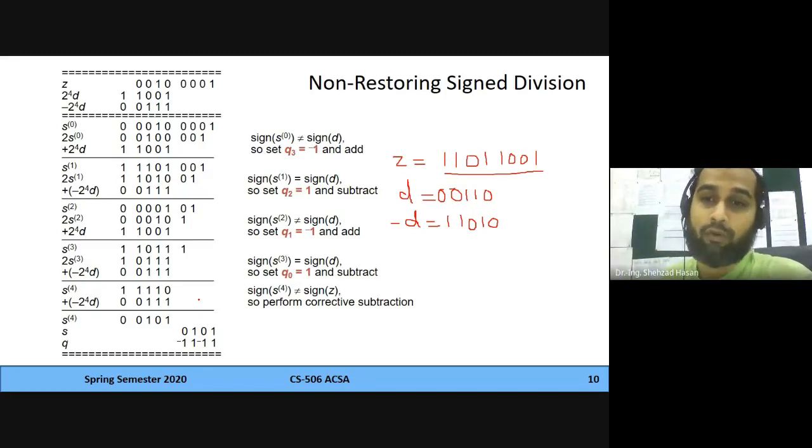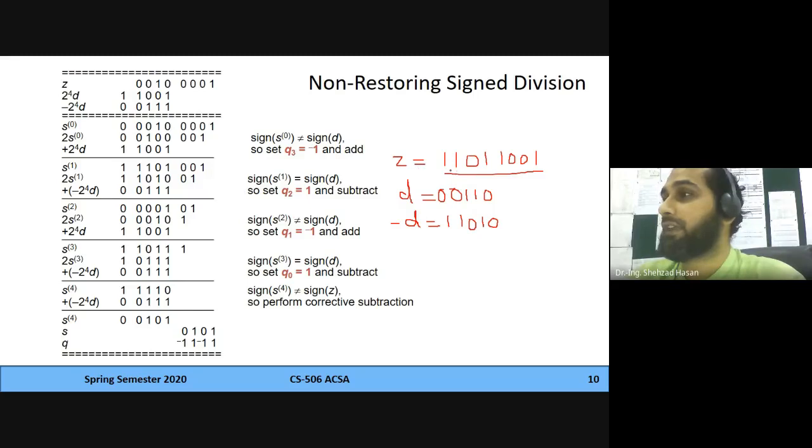Okay, so I'm going to go to that correction slide, and then we are going to see what is the right answer. So that Z here is what this number is: it's actually minus 64 plus 9 plus 9 plus 16, 25.